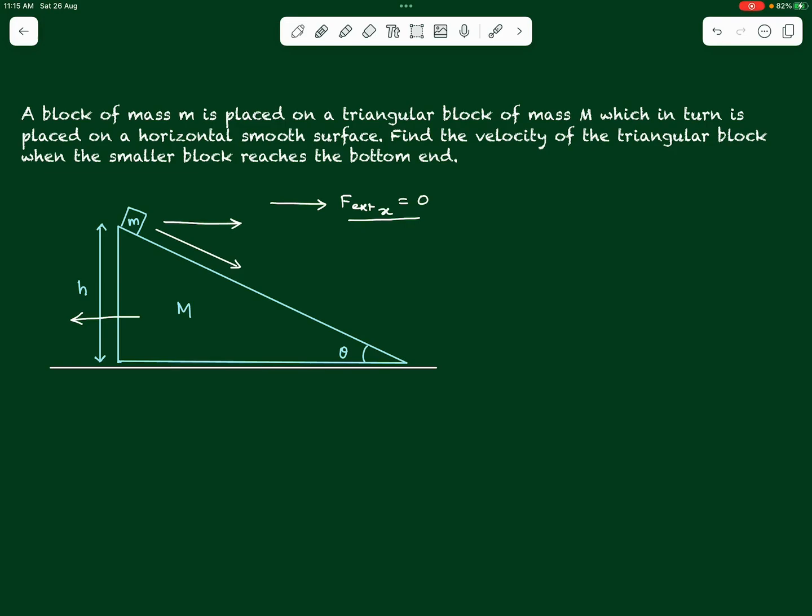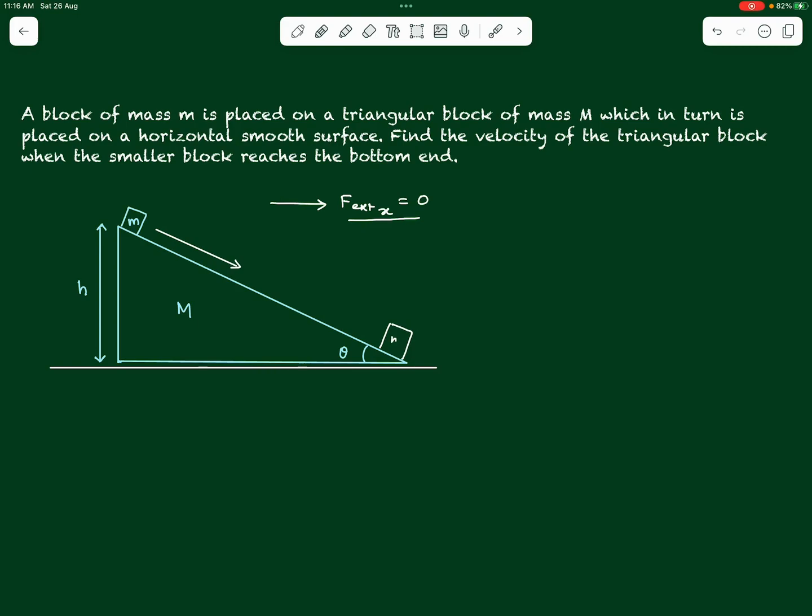So as the block reaches down and acquires a certain displacement and a corresponding velocity along the horizontal, the wedge, or the bigger triangular block, will compensate by moving towards the left with a certain velocity, so that the center of mass of this system does not shift horizontally and stays in its position along the horizontal.